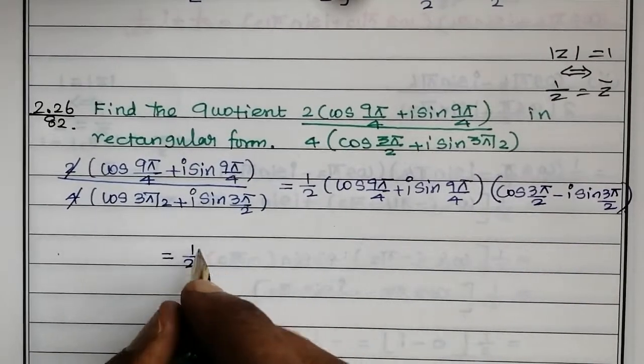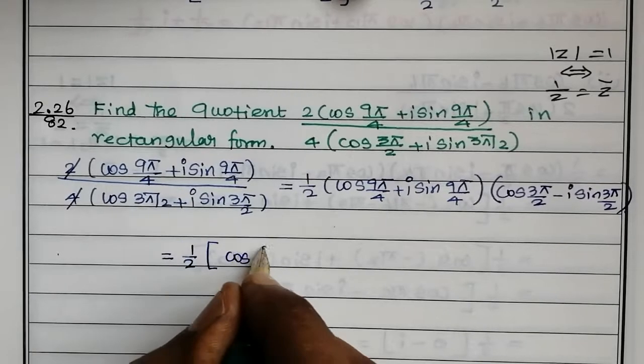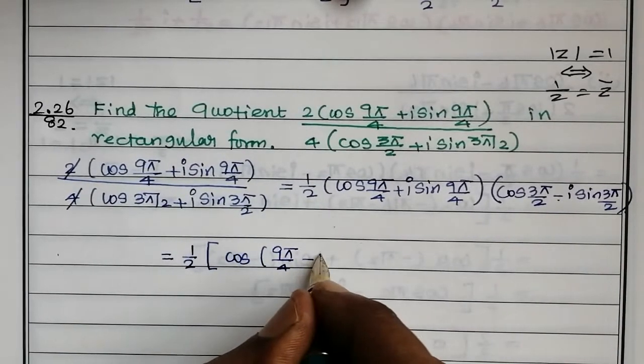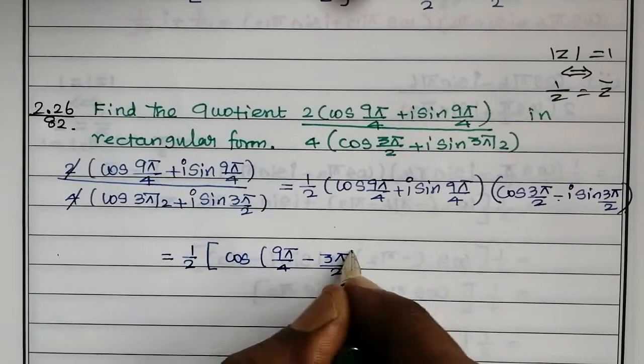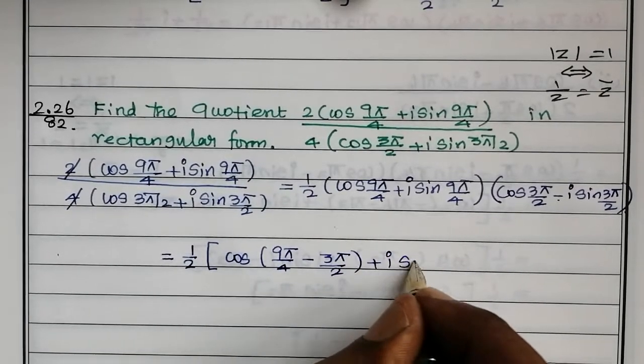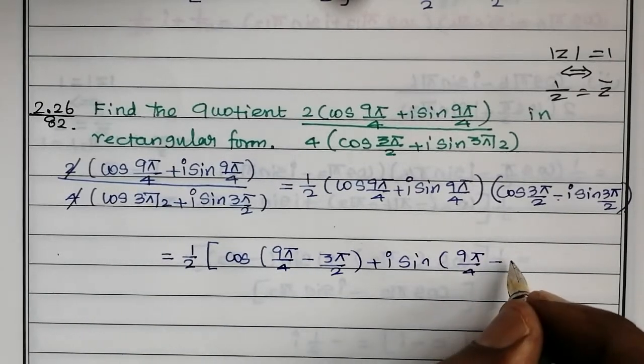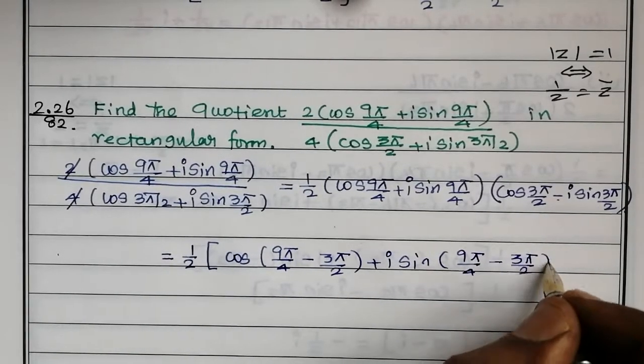So simply we can subtract the arguments: cos of (9π/4 minus 3π/2) plus i into sin of (9π/4 minus 3π/2).